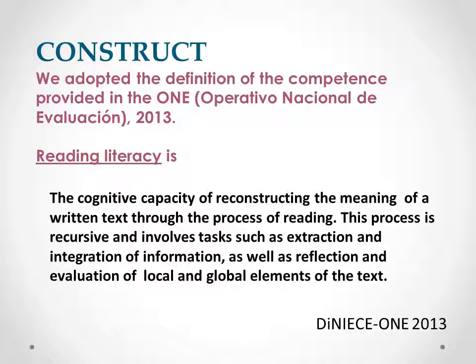The definition goes on to say that this process is recursive, highlighting the idea that reading is not a linear process. Studies in reading show that this is so even from the physical part, when the eyes are confronted with the text. The eyes go forwards and backwards all the time as they pay attention to new incoming information in milliseconds.